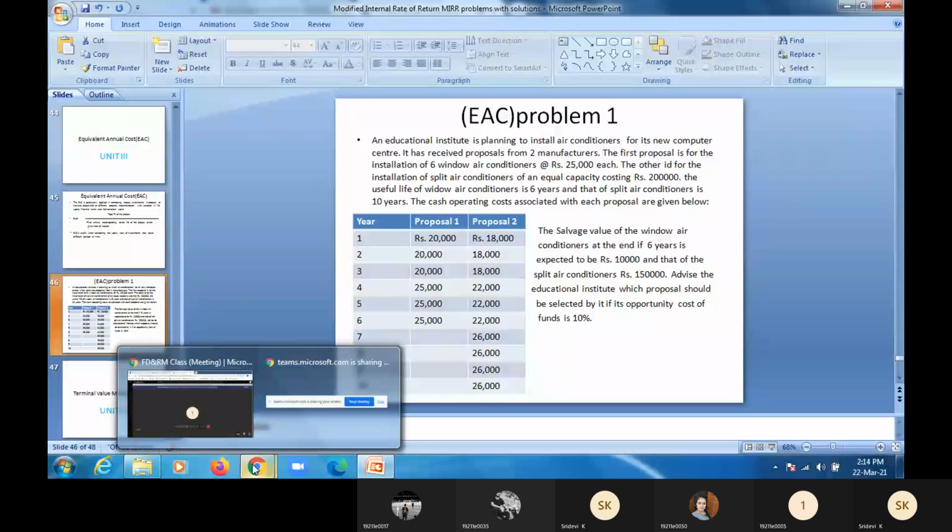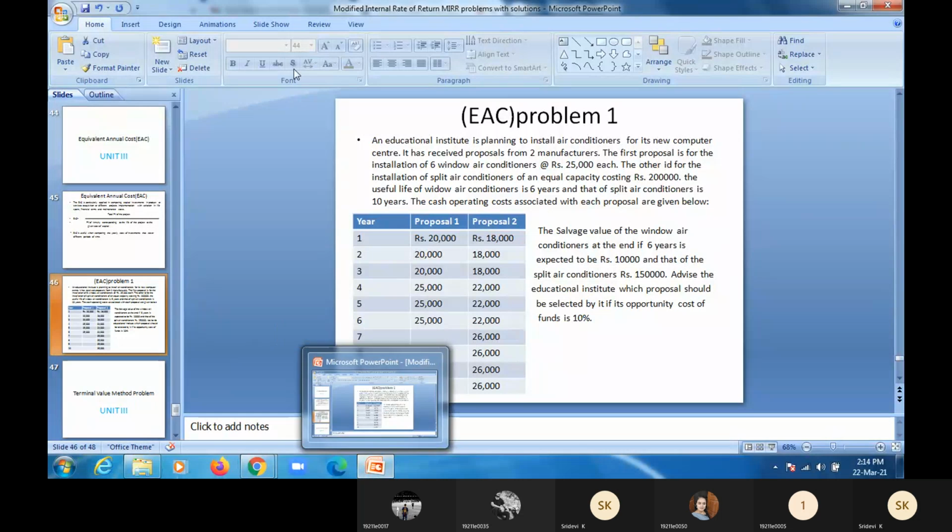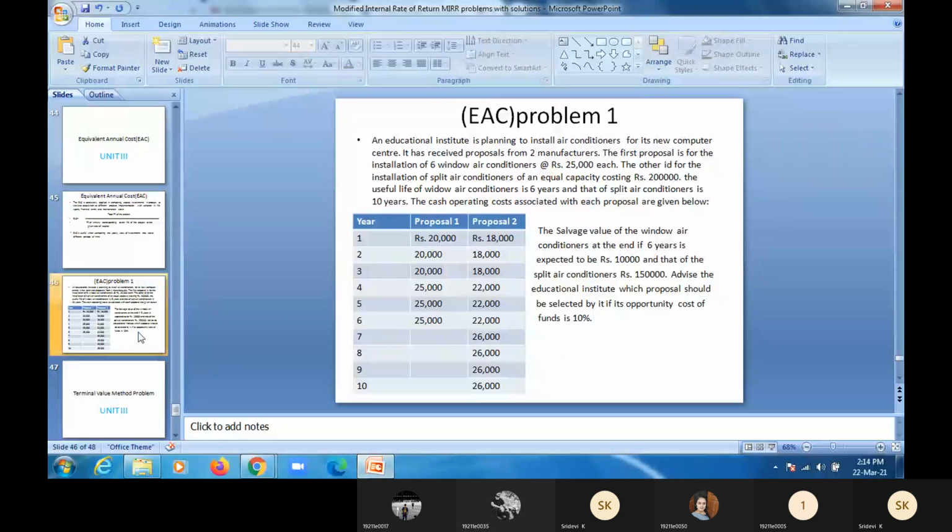Okay, ma'am. So for which you need to calculate, first of all, you have to find out the present value of cash inflows. Okay, how to calculate this, you are familiar, but still I am going to calculate now.